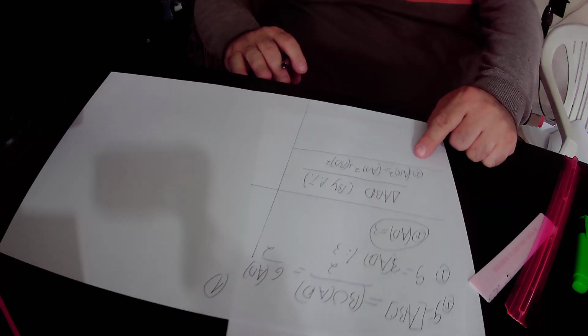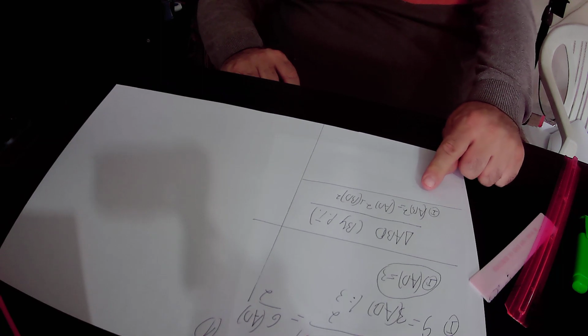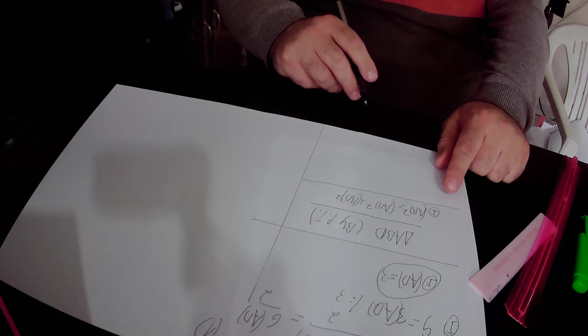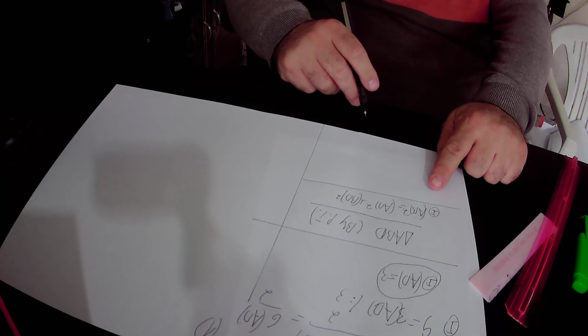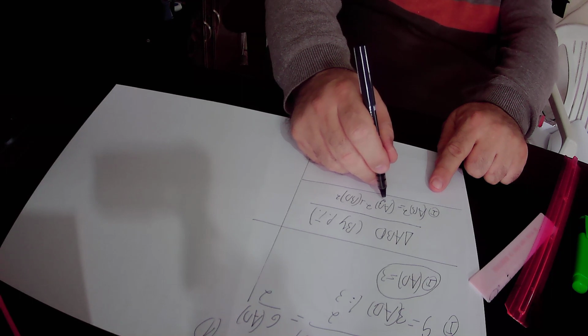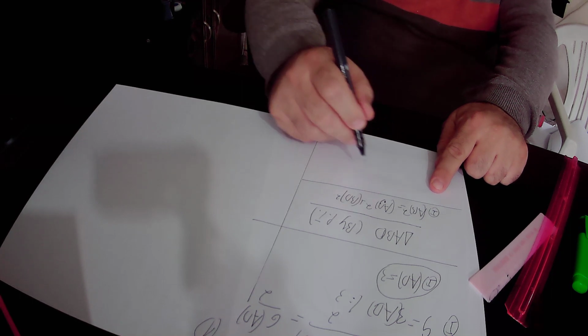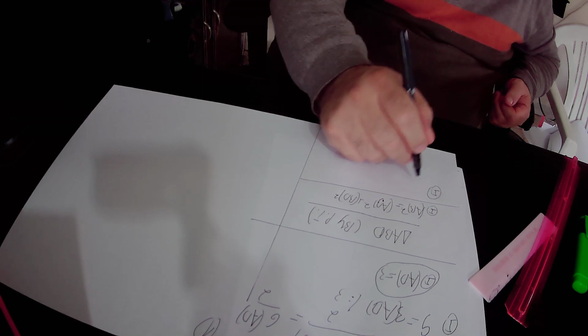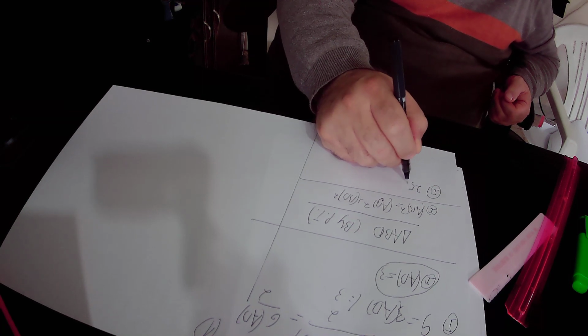In the right triangle ABD, according to the Pythagoras theorem, AB squared equals AD squared plus BD squared. AB equals 5, so AB squared is 5 squared, that is 25.